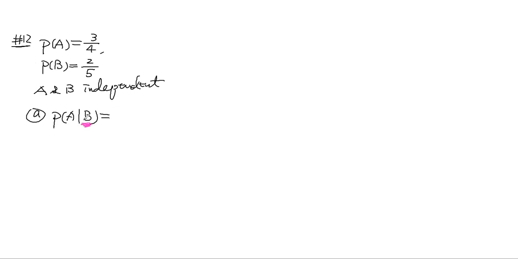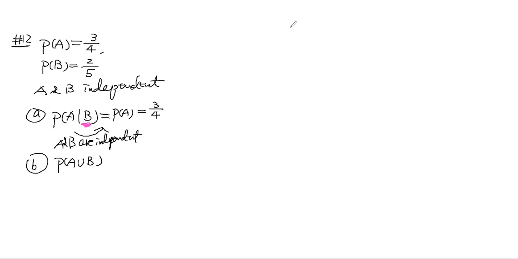So the B does not really count because it's independent here. So A and B, they are what? Independent. It does not matter whether you have this condition or not. So that's why the part A answer is pretty easy. It's 3/4, right?